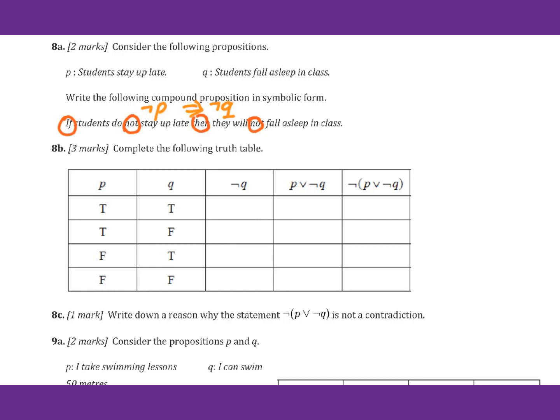8B, complete the truth table. Not Q, opposite of this Q. So we have false. Here is a false. True, true. This symbol means or, at least one is true.